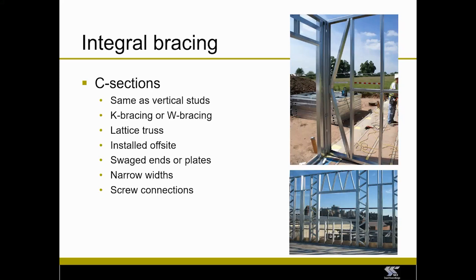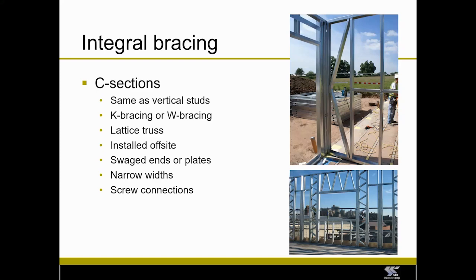And instead of using flat strap as the diagonals, this uses the same section size as is used for the vertical C-section studs, but placed within the depth of the wall panel at various angles to make trusses, mini trusses if you like. And you can do that in various forms, again, as shown on those photographs.